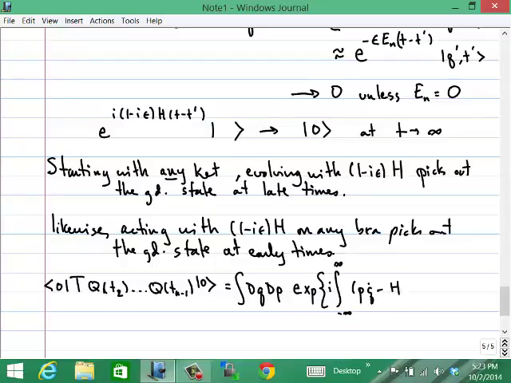And in order to compute this in the vacuum state, rather than inserting explicitly the ground state wave functions, we could just adjust the Hamiltonian so that instead of the previous Hermitian Hamiltonian h, we insert a factor of 1 minus i epsilon there. And this will automatically pick out the ground state for us.